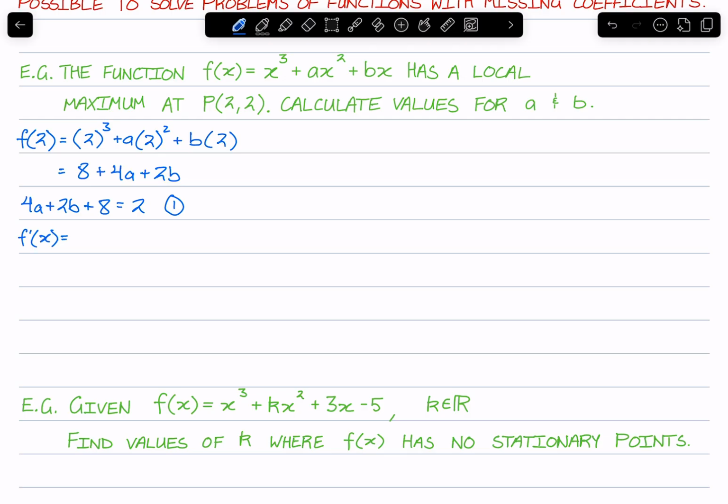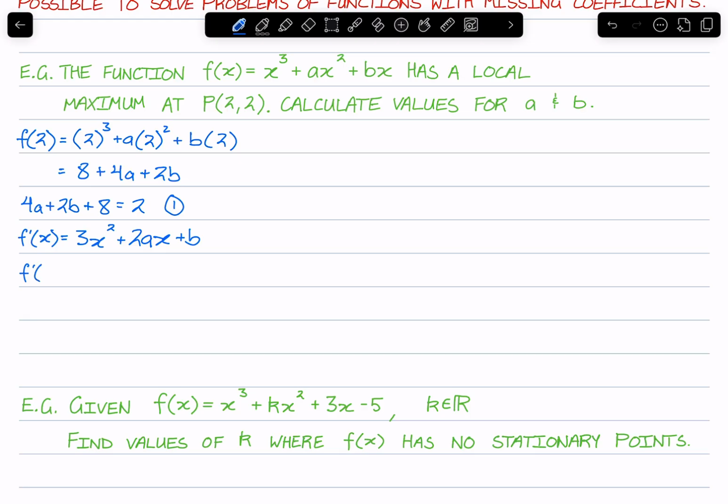Taking the derivative of f, f prime, we get 3x squared plus 2ax plus b. Now, if it is a maximum, that means that the derivative f prime at this point should equal 0. Let me rephrase that again.